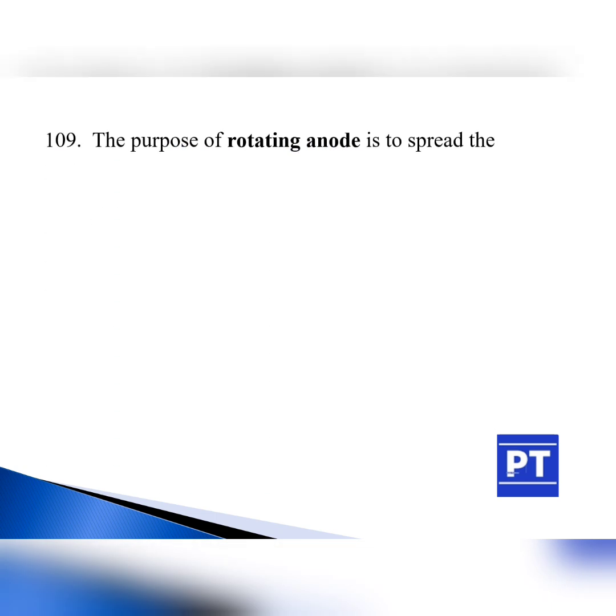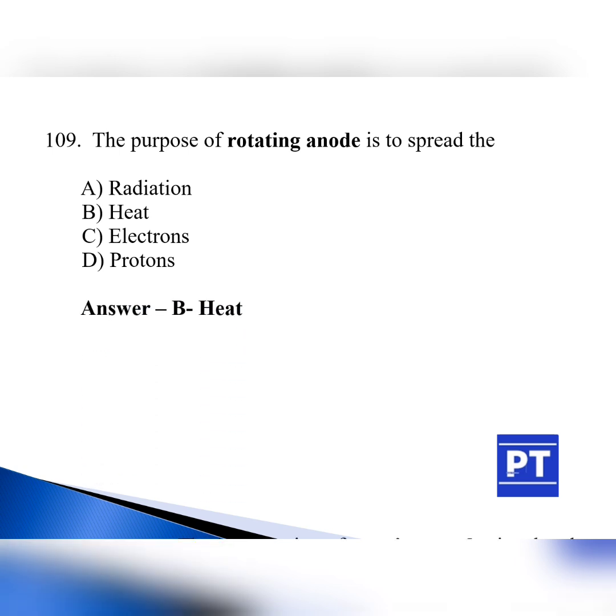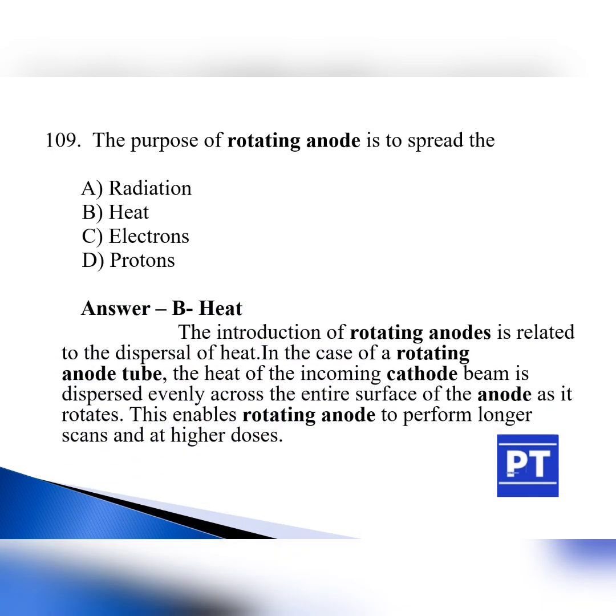Question number 109. The purpose of a rotating anode is to spread the: option A radiation, option B heat, option C electrons, option D protons. The answer is option B, heat. The introduction of the rotating anode is related to the dispersal of heat.